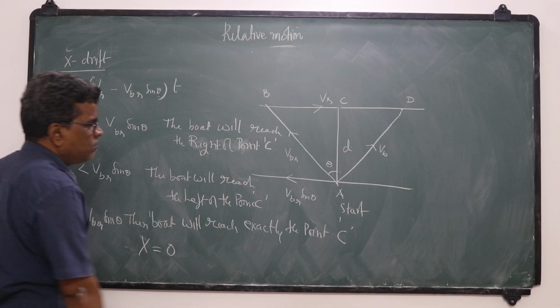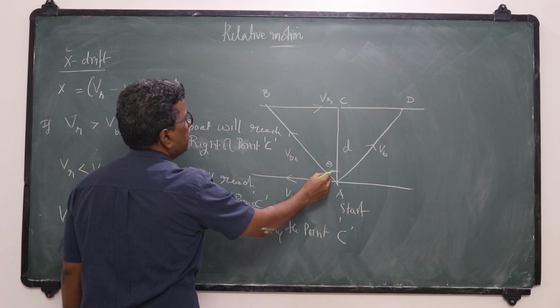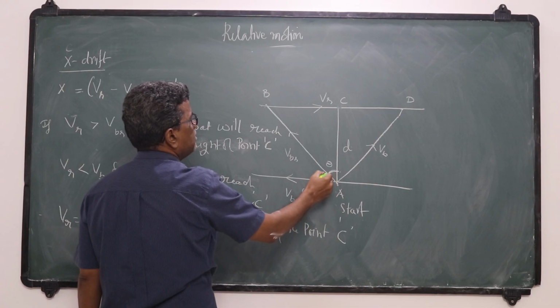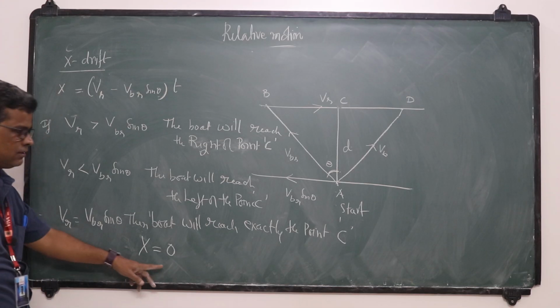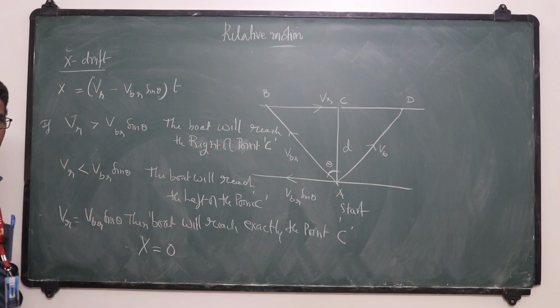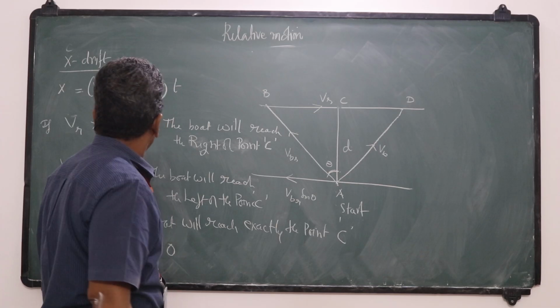That means the boat should be rowed in which direction? By making an angle theta with the normal to the river flow. That is, sin theta is equal to VR by VBR. This one we already discussed. These are the three possible cases. Clear? Regarding drift. Next one.